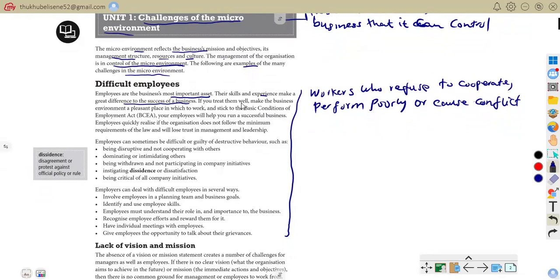If you treat them well, make the business environment a pleasant place in which to work, and stick to the basic conditions of employment, your employees will help you run a successful business. Employees quickly realize if the organization does not follow the minimum requirements of the law and will lose trust in management and leadership. That is, in short, what they're trying to say.